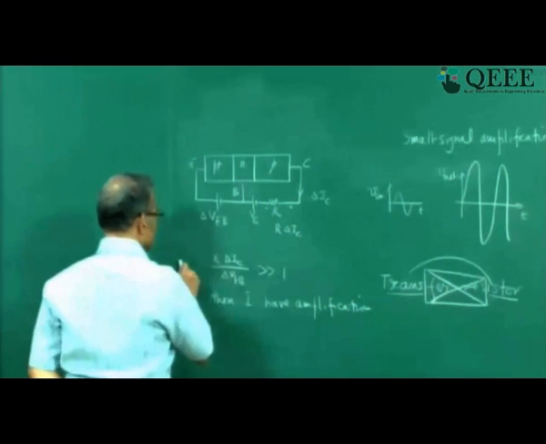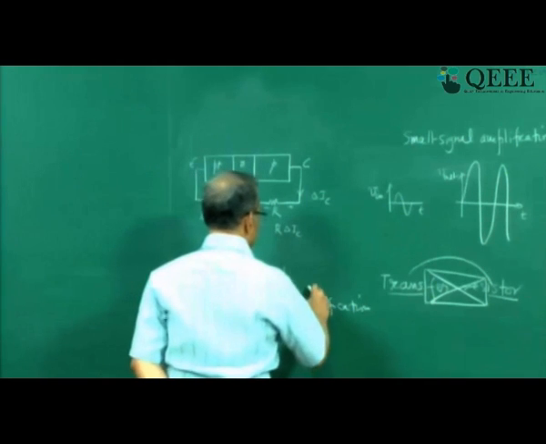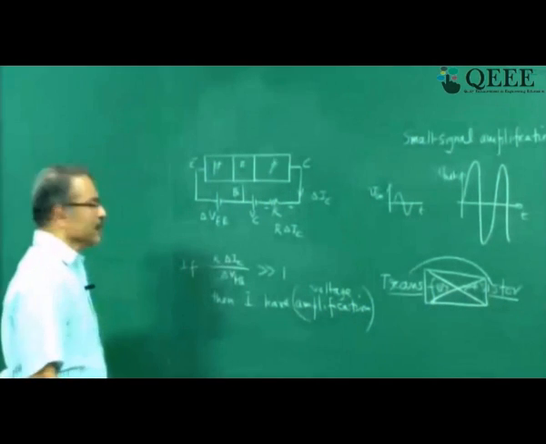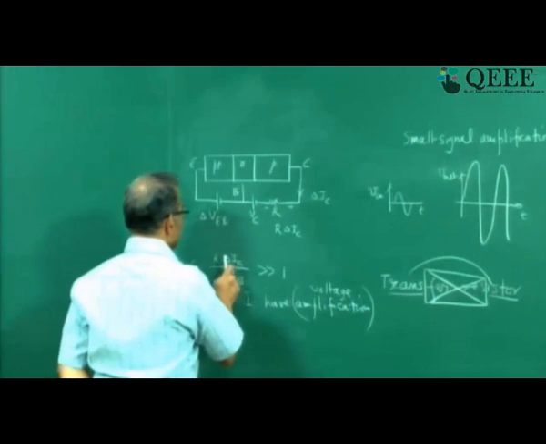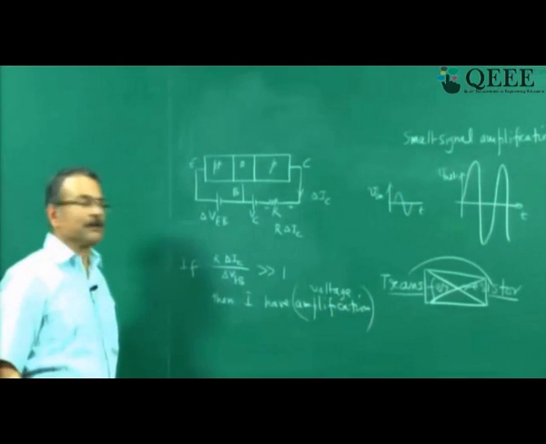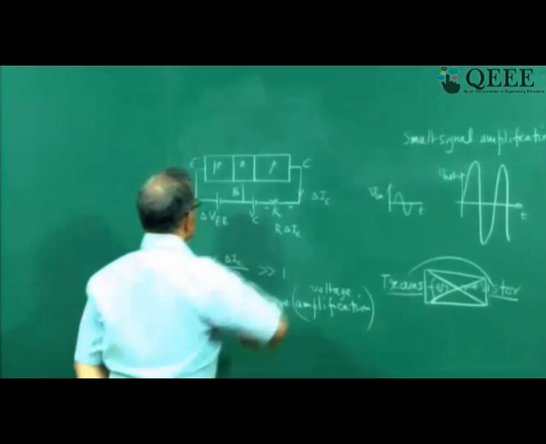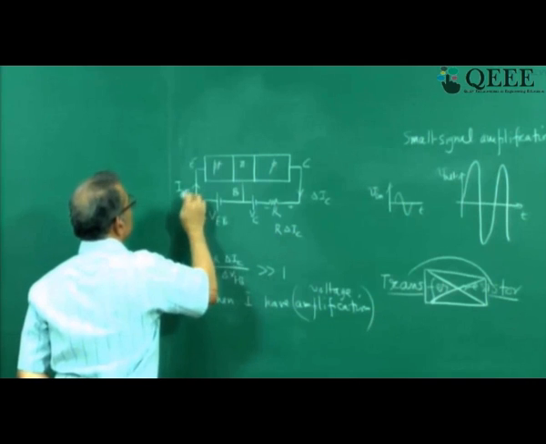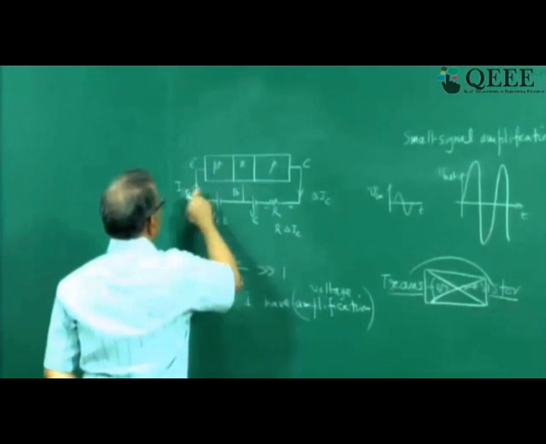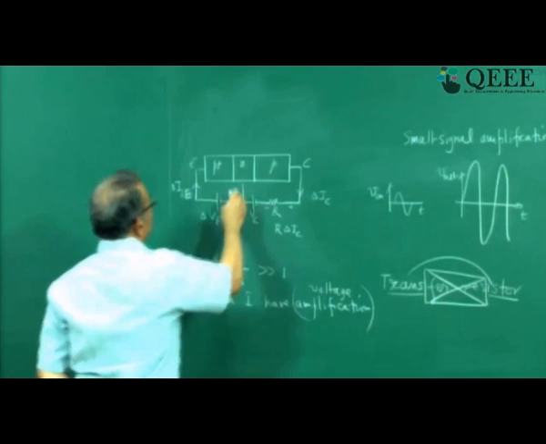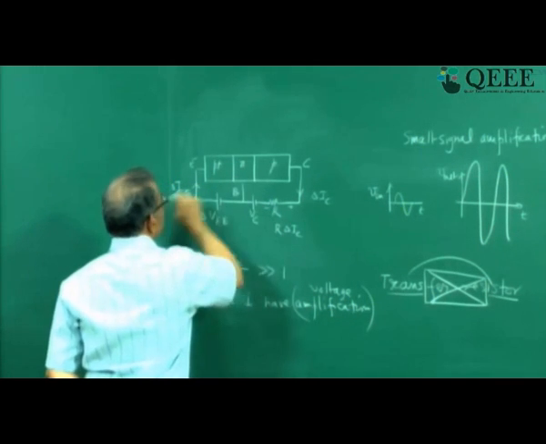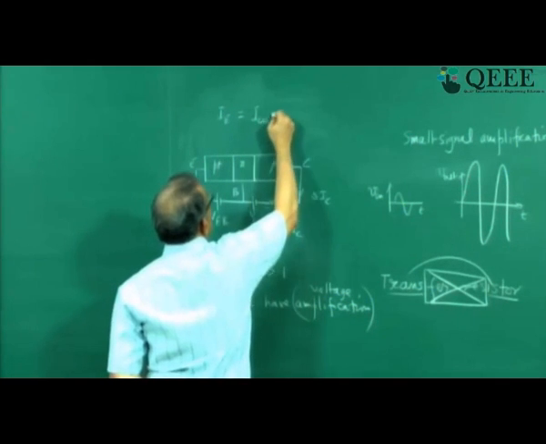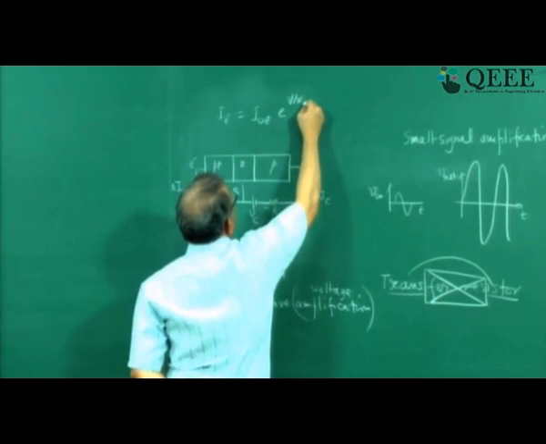So what amplification is it? It is voltage amplification. Let us see how I can get this much greater than 1. Now you know the equation of the current in a diode. The equation for the current IE is some reverse saturation current into exponential of V by VT minus 1.